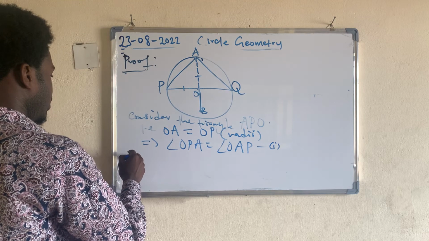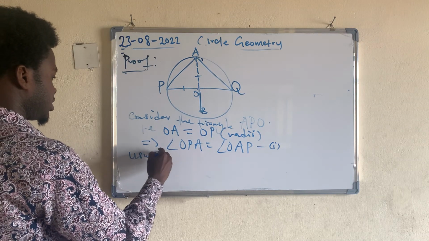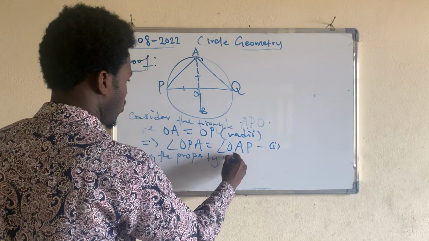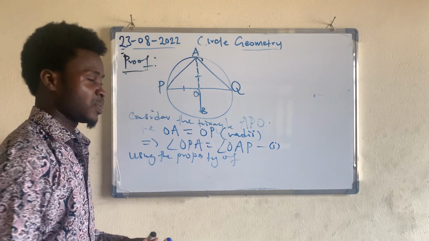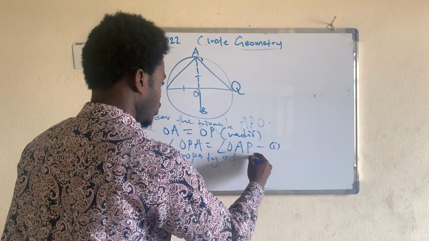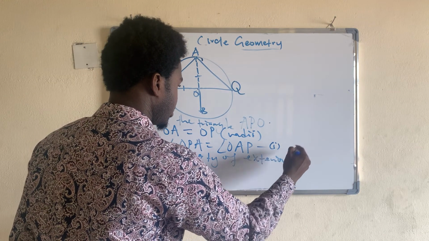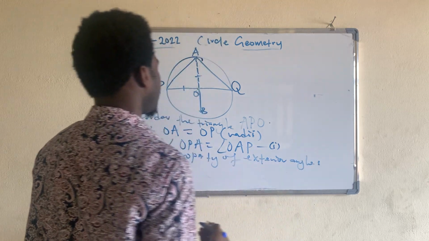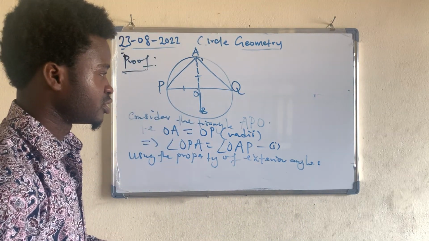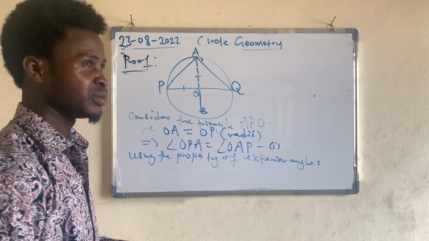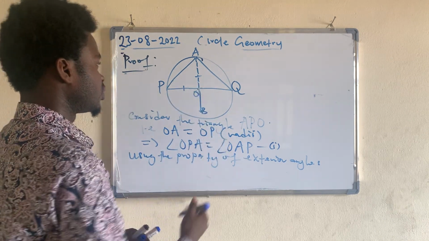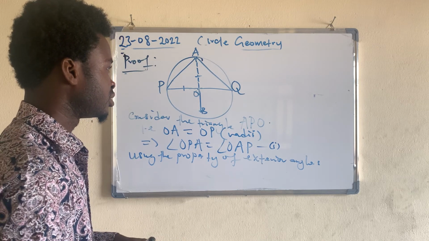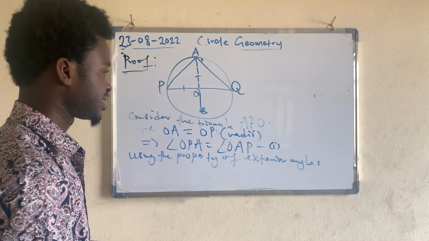Another important theorem we will use: using the property of exterior angles of a polygon, but in this case of a triangle, because we're dealing with a triangle. A triangle is a special type of polygon with three sides. It's a trigon.